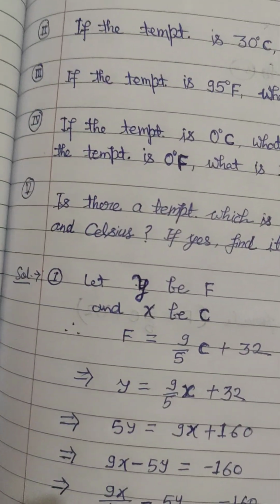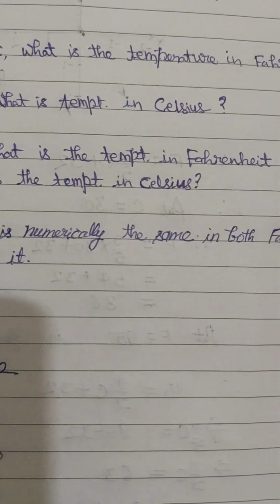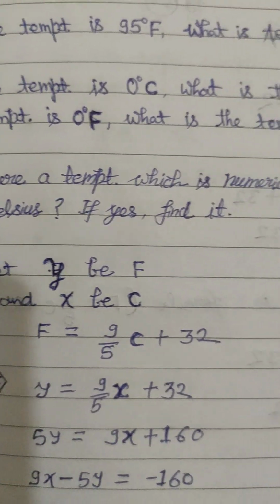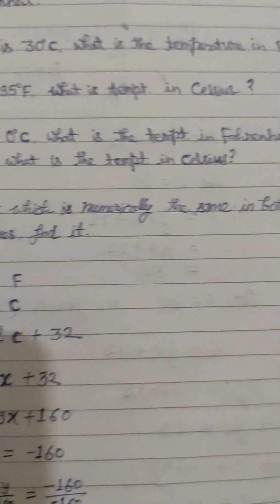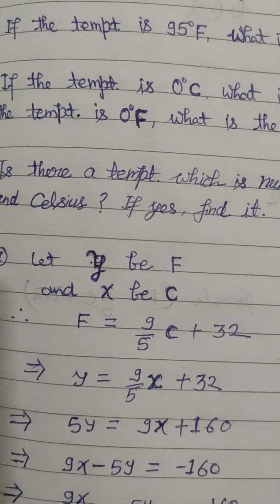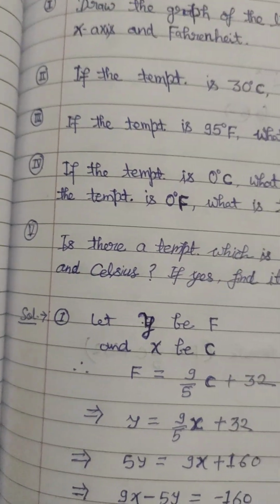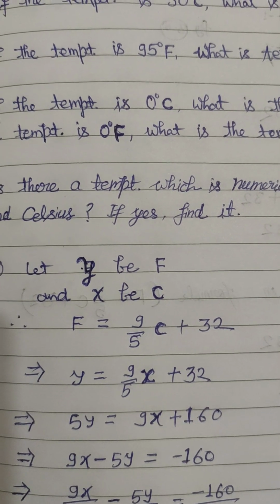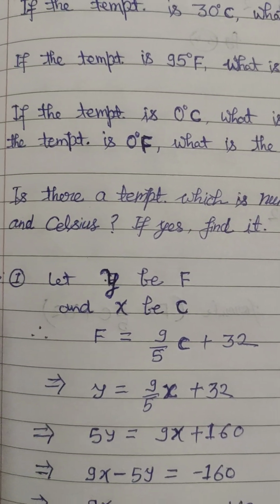And if the temperature is 0 degrees Fahrenheit, what is the temperature in Celsius? Fifth, is there a temperature which is numerically the same in both Fahrenheit and Celsius? If yes, find it.